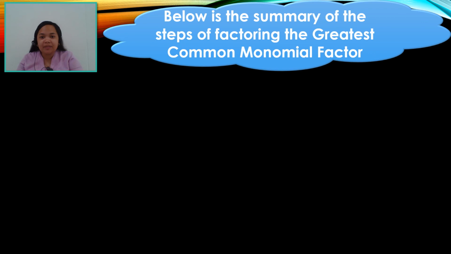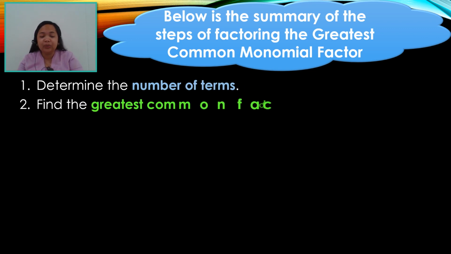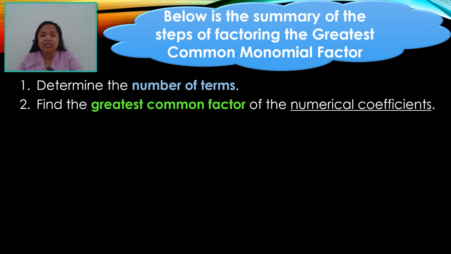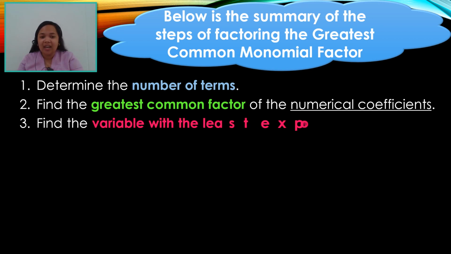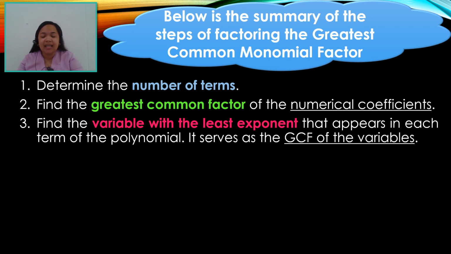Below is the summary of the steps of factoring the greatest common monomial factor. Number 1, determine the number of terms. 2, find the GCF of the numerical coefficients. 3, find the variable with the least exponent that appears in each of the terms of the polynomial.